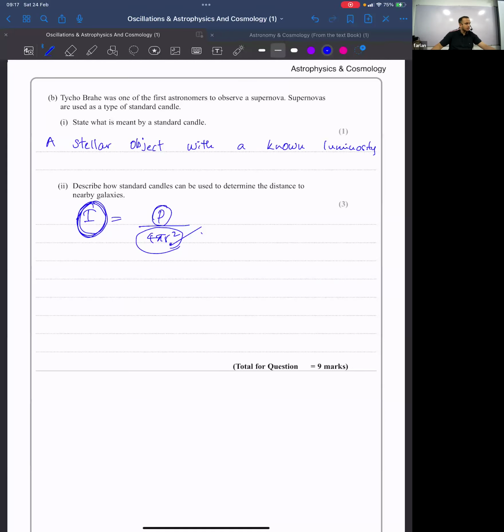Then by using inverse square law, the distance can be calculated.